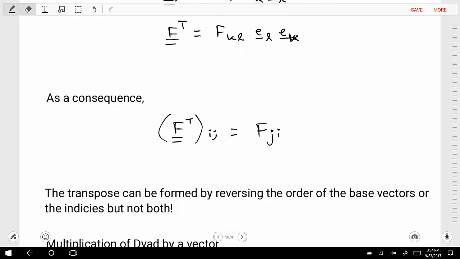But it's important to note that we can't do both of these. We have to choose one, either switching our base vectors and allowing our components to remain the same, or simply switching our indices, so changing the order that we perform our operation, right?